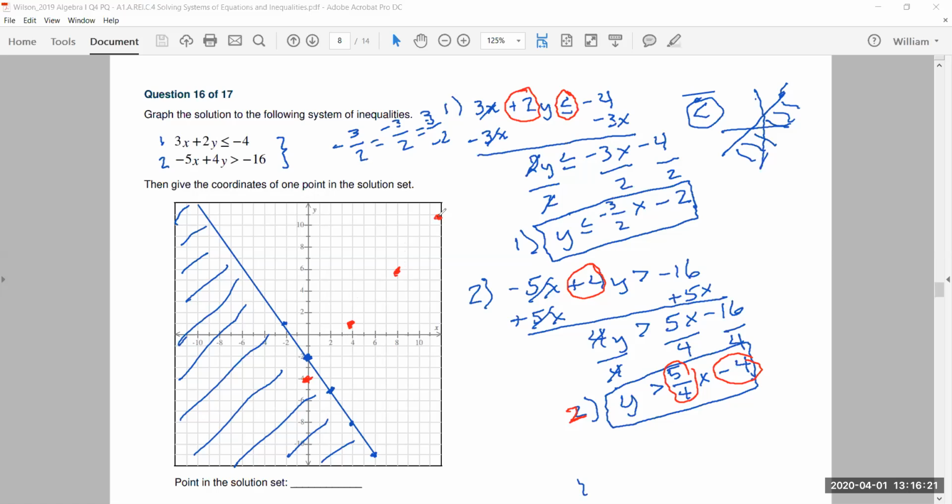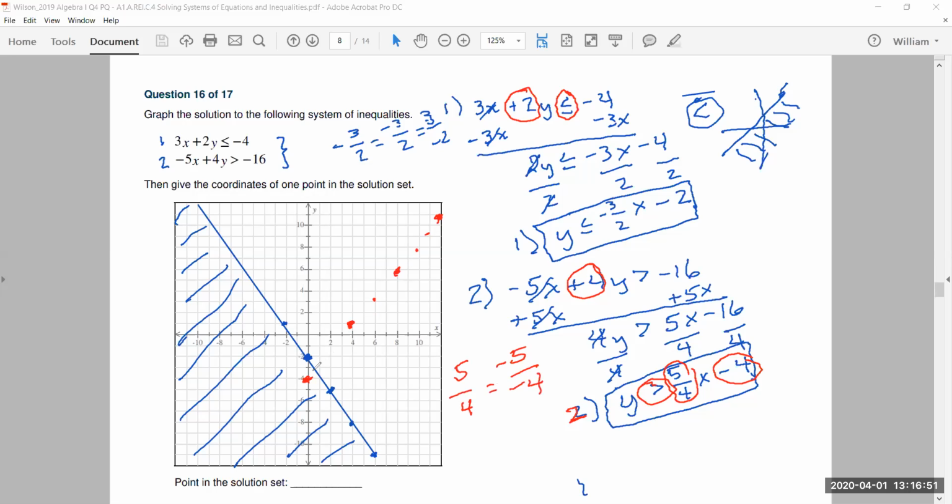Now, in this case, notice that we have an inequality that is just greater than, not greater than or equal, where before we had less than or equal. So this is going to be a dotted line on this side. So we can also extend down here. Let me go down, because again, 5/4 could be thought of as negative 5 over negative 4.